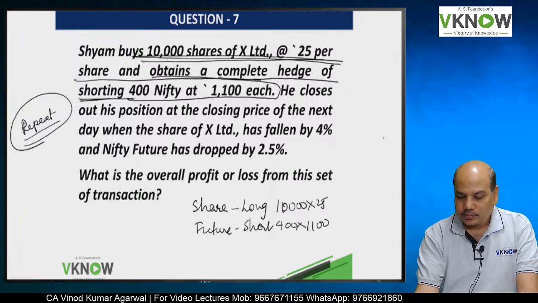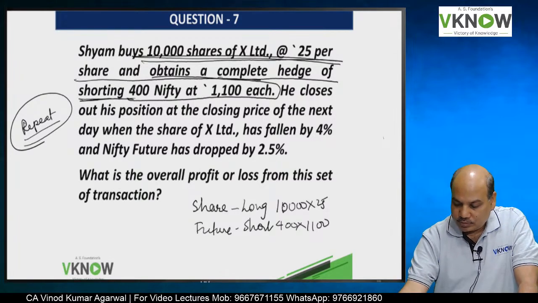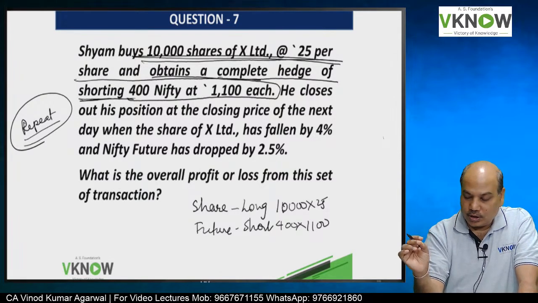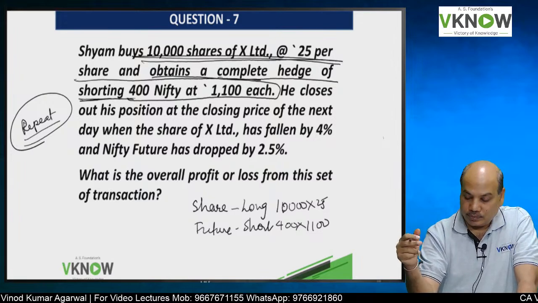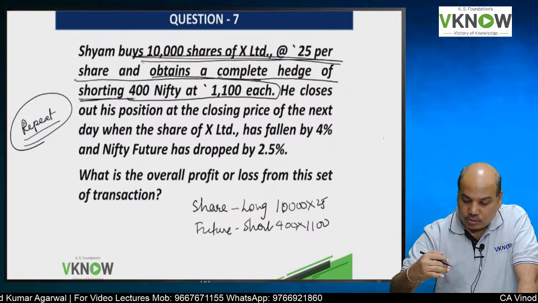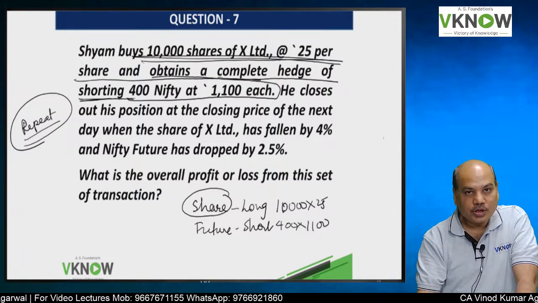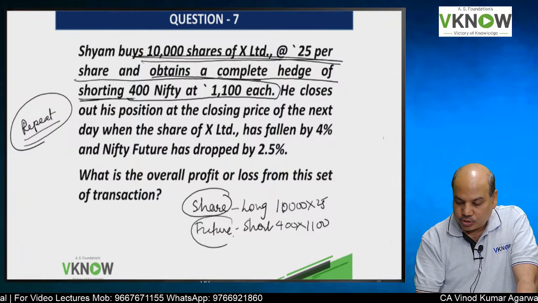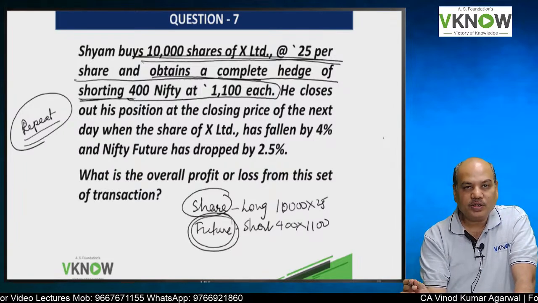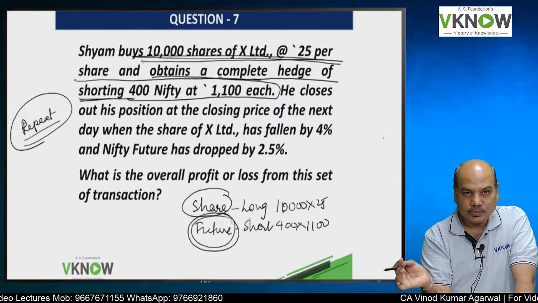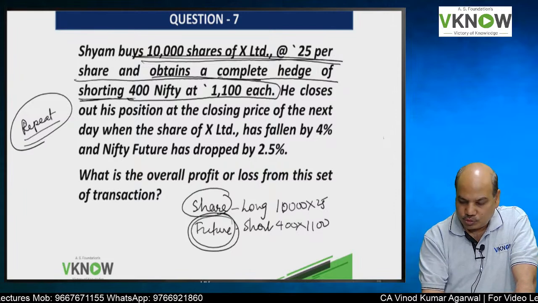If the price goes up, profit on share, loss on future. If the price goes down, he will have loss on share, but to some extent it will be compensated by gain on future. It will be hedged by gain on future.